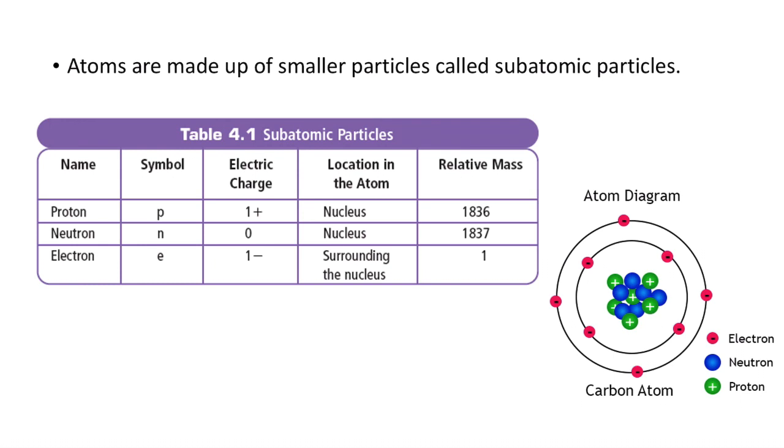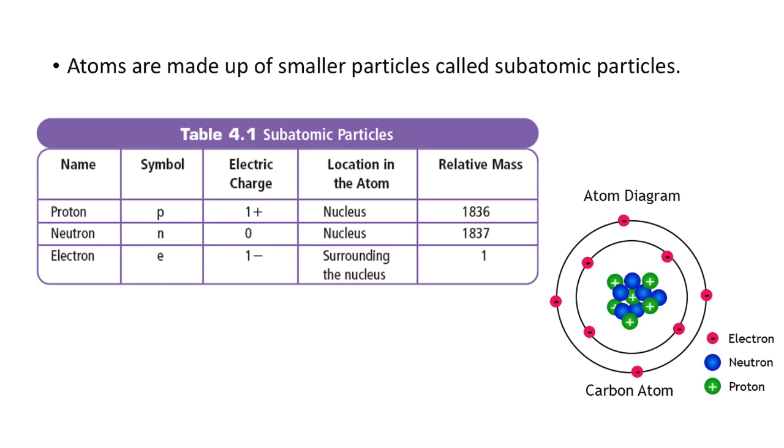mass of 1. So to go into relative mass in a little bit more detail, what this means is our electron is the smallest, and protons have a mass 1,836 times greater than that of an electron. And the neutron's mass is 1,837 times greater than the mass of the electron.